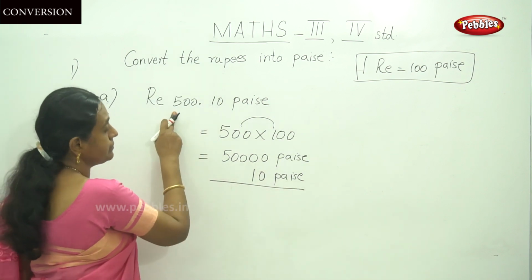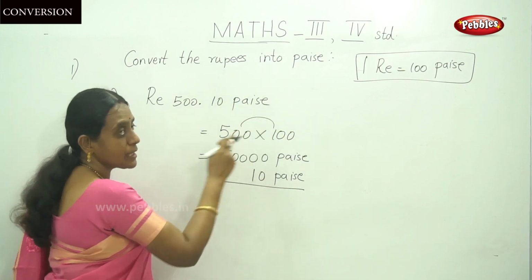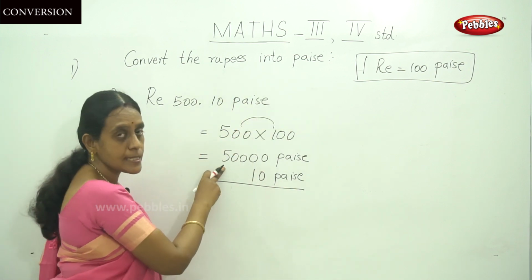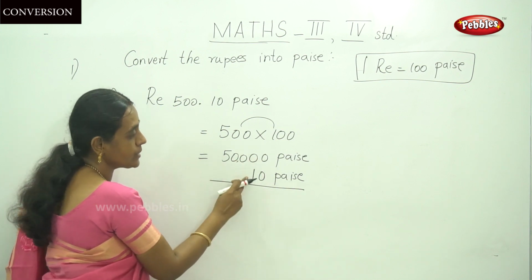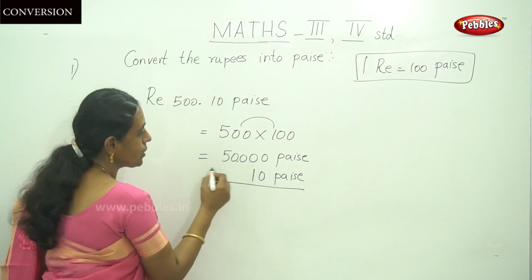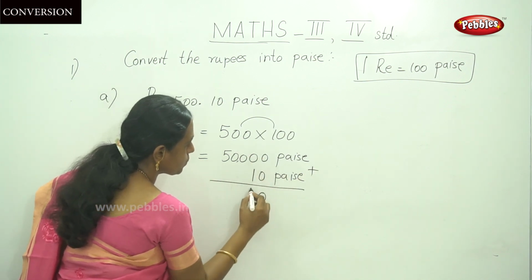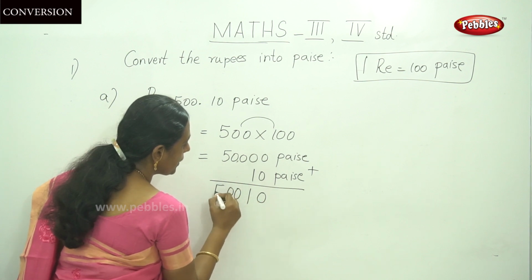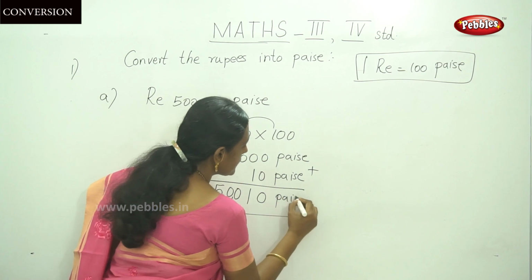So 500 plus 10 paise. First multiplied by 100, you got the answer 50,000 paise. It already has 10 paise, so you have to add this number. That is 50,010 paise is the answer.